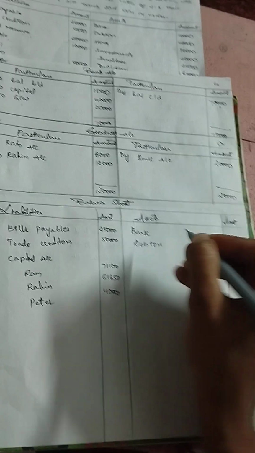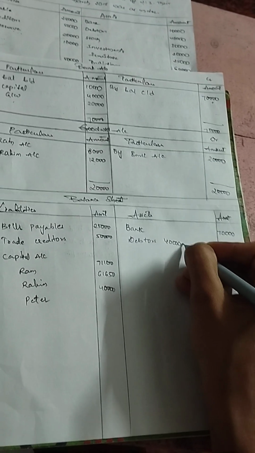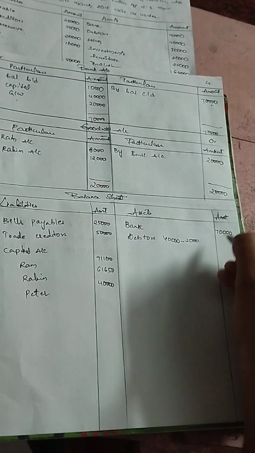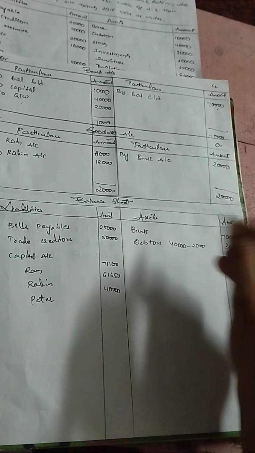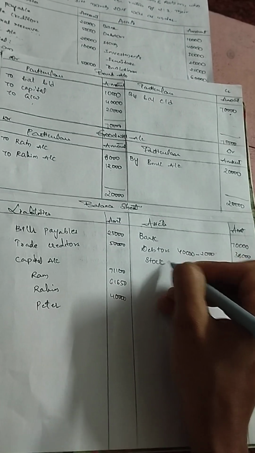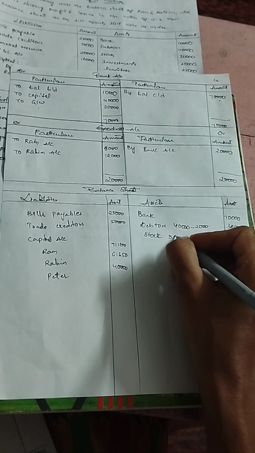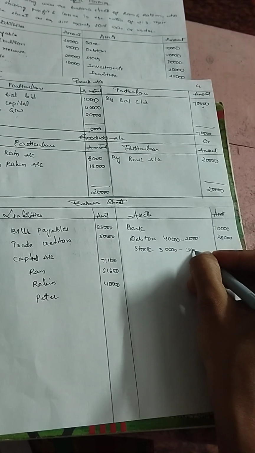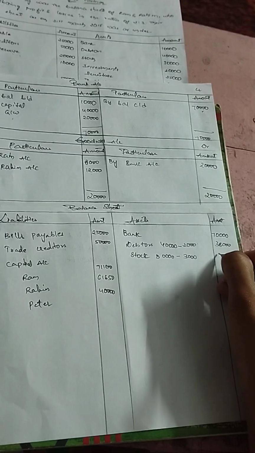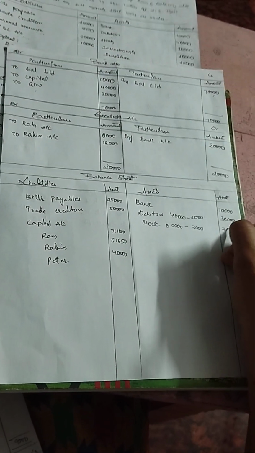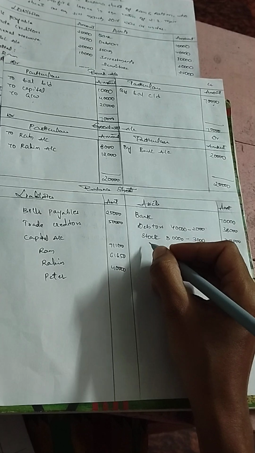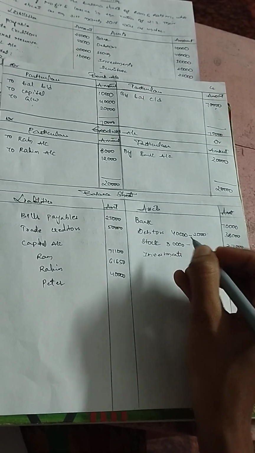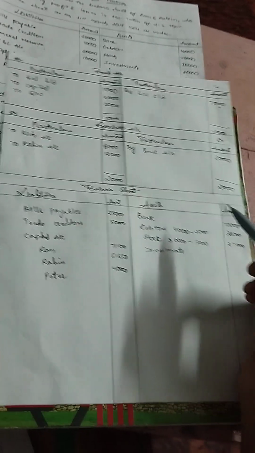Next is debtors. So here the value of debtors is decreased. 40,000 minus 2,000, you will get 38,000. Next, stock. The value of stock is 30,000. So stock is decreased by 3,000. So 30,000 minus 3,000 will get 27,000. Next is investments. We don't have any adjustment, so that 20,000 will be recorded.